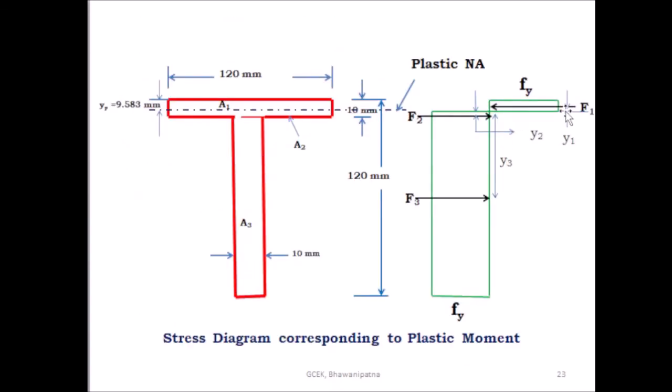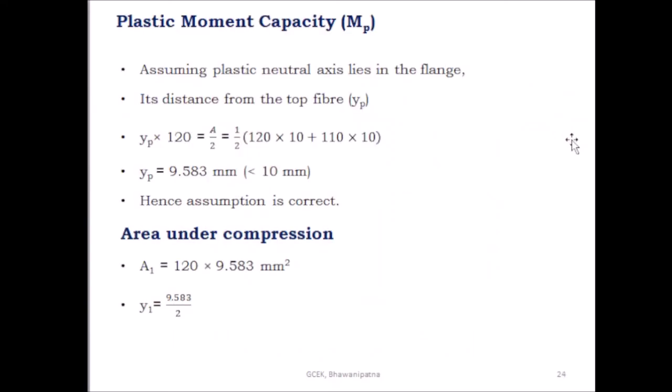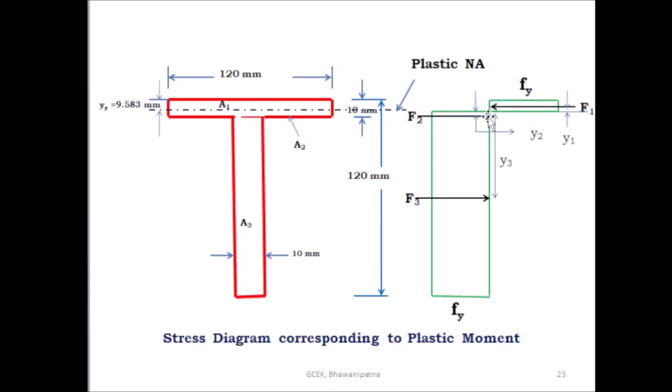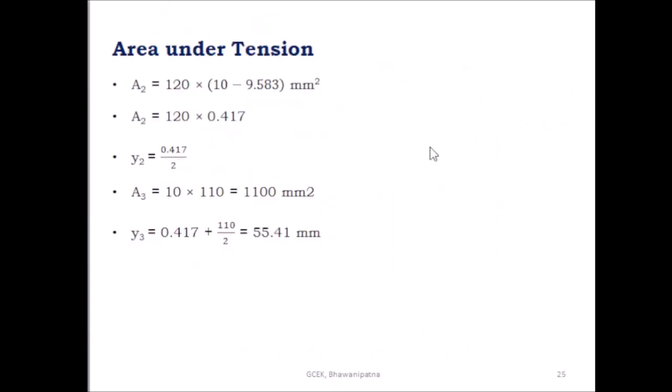Similarly find out Y1. The thickness here is 9.583, divided by 2, so Y1 is equal to 9.583 by 2. Similarly Y2 is equal to (10 minus 9.583) divided by 2, which is equal to 0.417 by 2.